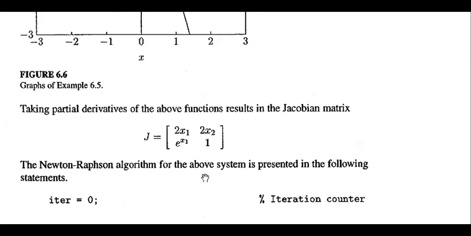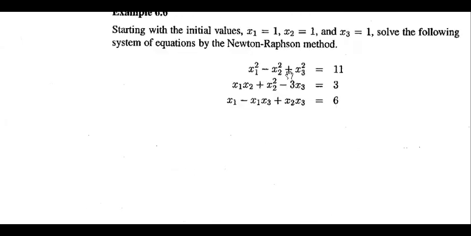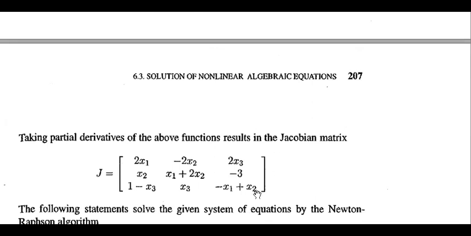So this is the function, and if we think of this function, it has three equations and three variables. To address that, you have to generate the Jacobian matrix that will be this one. This will be the 3 by 3 matrix, right?